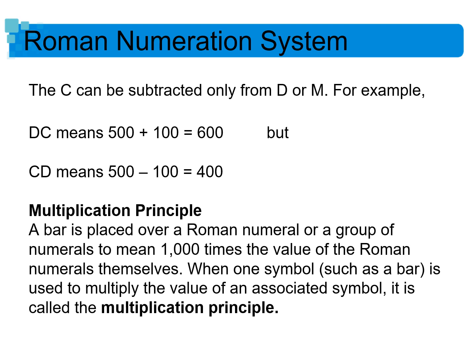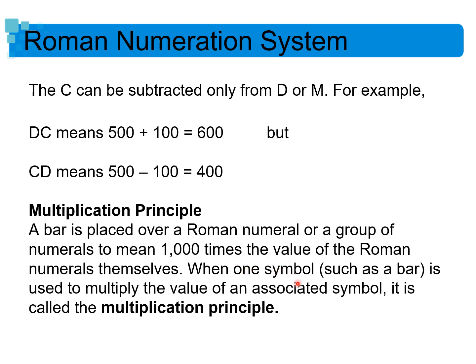You also have a multiplication principle. You'll see it with a bar. The bar is placed over a Roman numeral or a group of numerals, and basically that means it is 1,000 times the value of whatever it's written over.